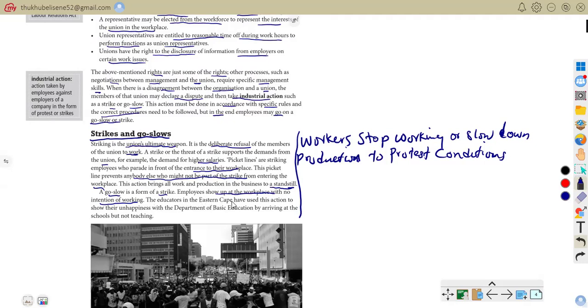The educators in the Eastern Cape have used this action to show their unhappiness with the Department of Basic Education by arriving at the schools but not teaching. You are there, but you're not doing anything. You just report to work, but you're not working.